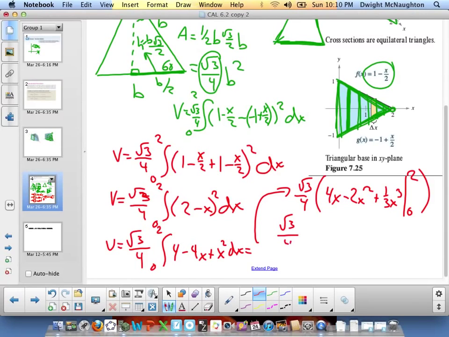We get square root of 3 over 4. 4 times 2 is 8. 2 times 2 squared is 8. 1/3, 2 cubed is 8/3. That cancels. We get 8/3 times square root of 3 over 4, where the 8 and the 4 reduce to 2. 2 square root of 3 over 3.